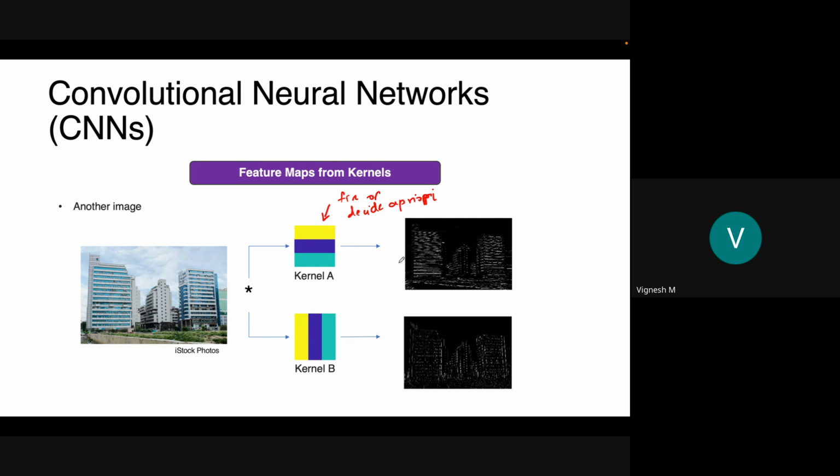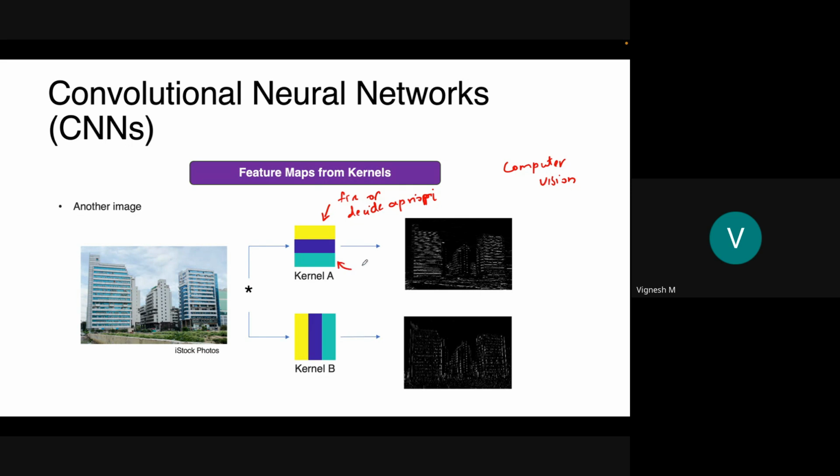In fact, this is the entire domain of computer vision, right? What is computer vision all about? Is it possible for me, in some very sophisticated way, to design filters or kernels that can extract specific features from this image? In this case, I've shown you a very simple example of how horizontal and vertical lines are being extracted. But when deep learning came, the idea became that I do not care what this kernel is.